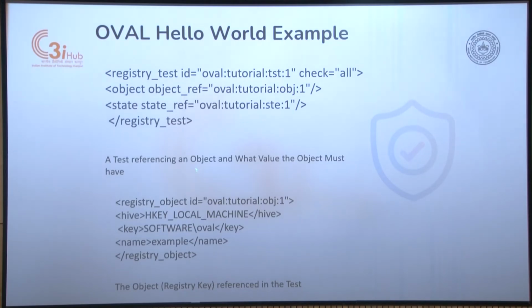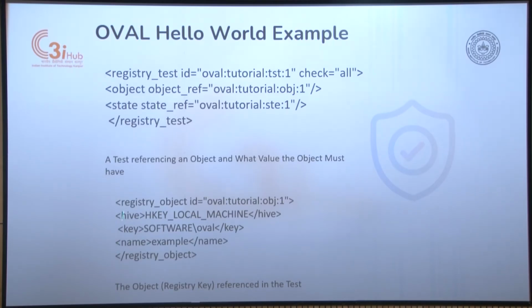Now, a test references an object and what value the object must have. For example, here you have a test with this tutorial object 1, and this object says that the key value, this is a registry key value, should have a certain value. This is just to give you an example of how the registry object looks.